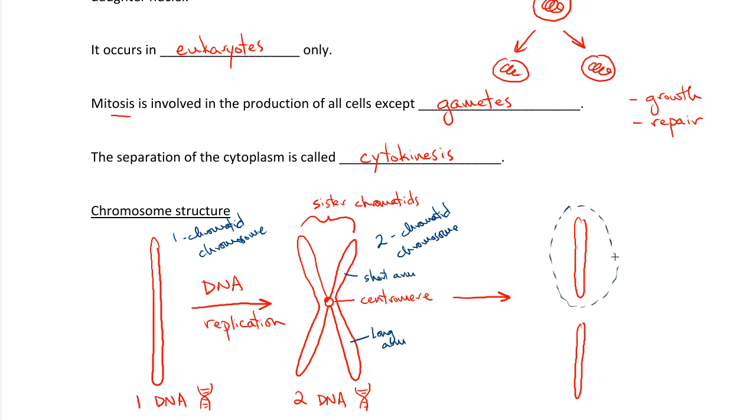So DNA synthesis has taken us from a one chromatid chromosome to a two chromatid chromosome where the sister chromatids are identical copies of each other, and then mitosis takes us back to a one chromatid chromosome in each nucleus, this being two different nuclei.